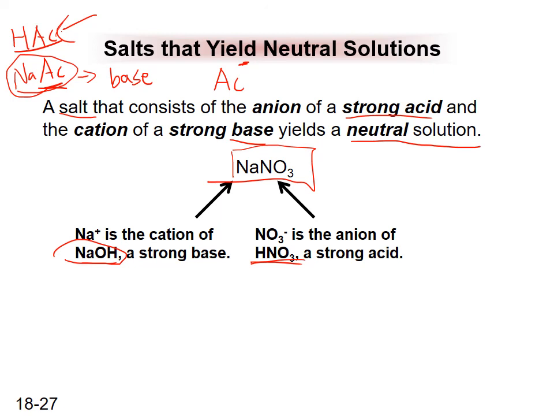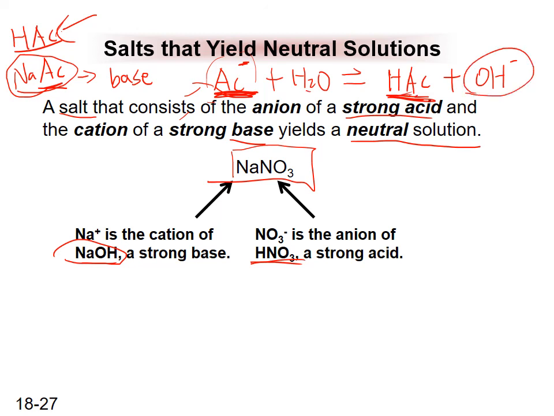If you have lots of acetate, it will combine with water to go back to acetic acid plus hydroxide. So the anion serves as a base, going back to the acid plus hydroxide, and makes the solution basic.